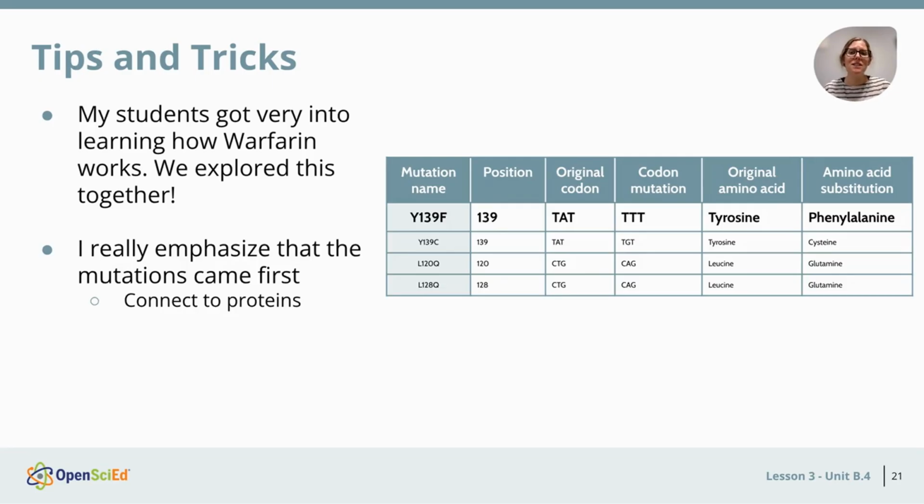And then my students got very into learning how warfarin works, and we explored this together. I really like to connect this back to proteins and mutations and have a little mini discussion of connecting it back to some of the previous lessons that we've had about proteins.